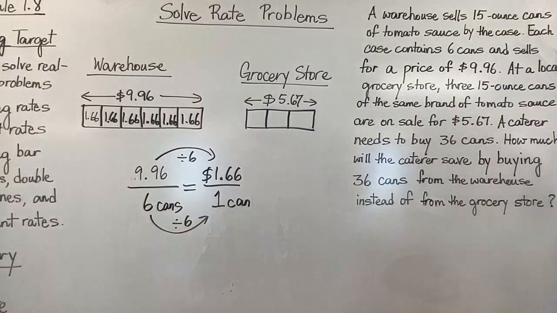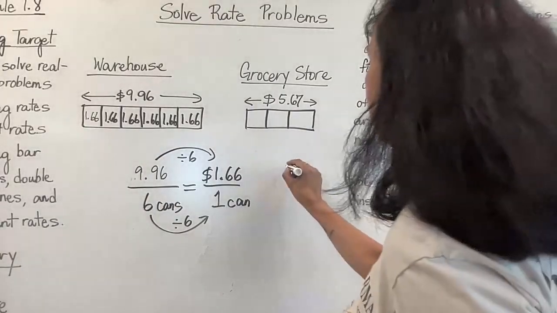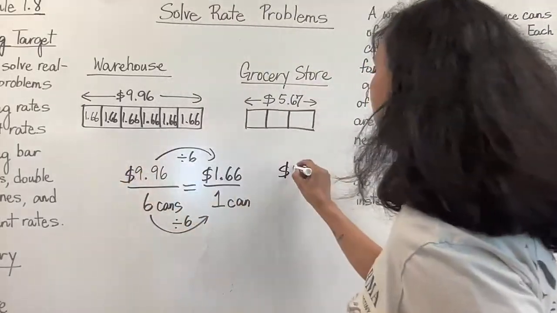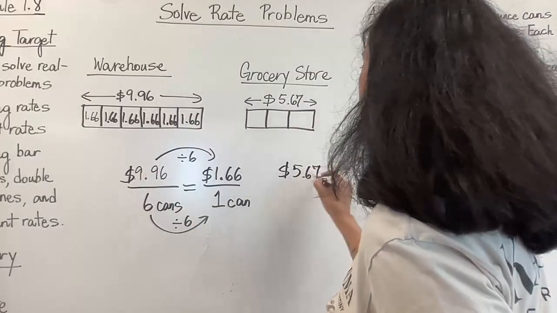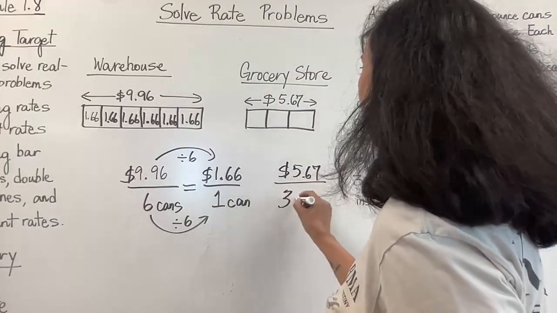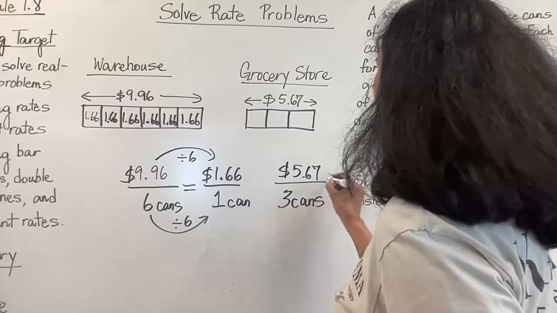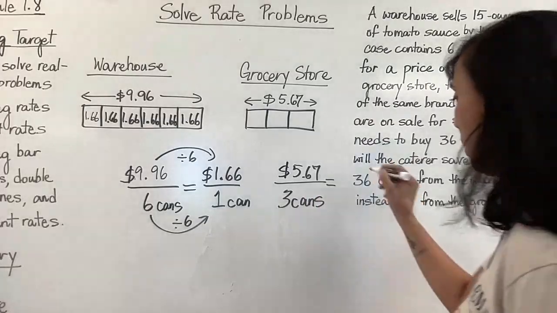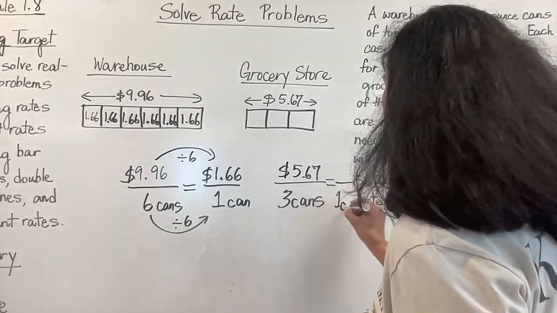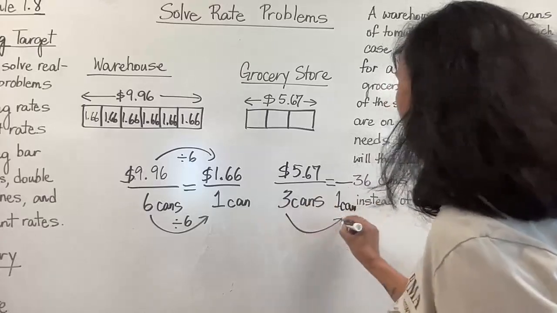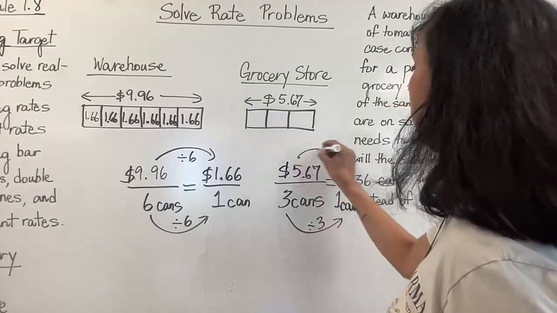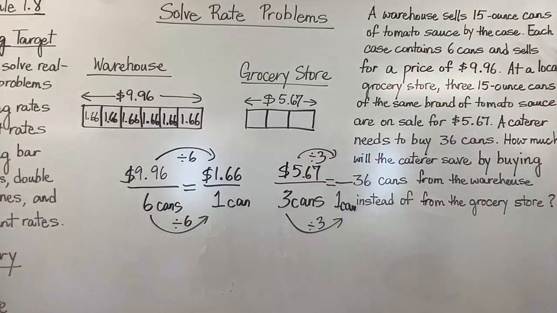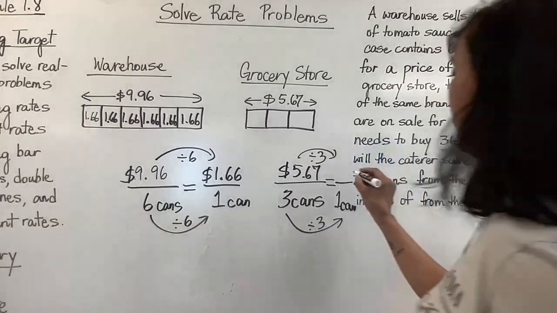In the other one, I have $5.67, and this is for 3 cans. So this is going to equal how much for 1 can? I'm going to have to divide by 3. Same thing here, I divide by 3 and I get $1.89.